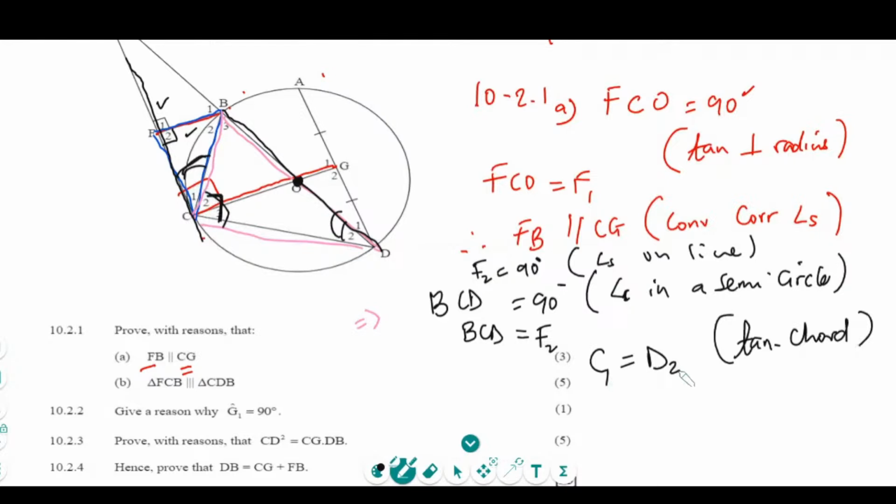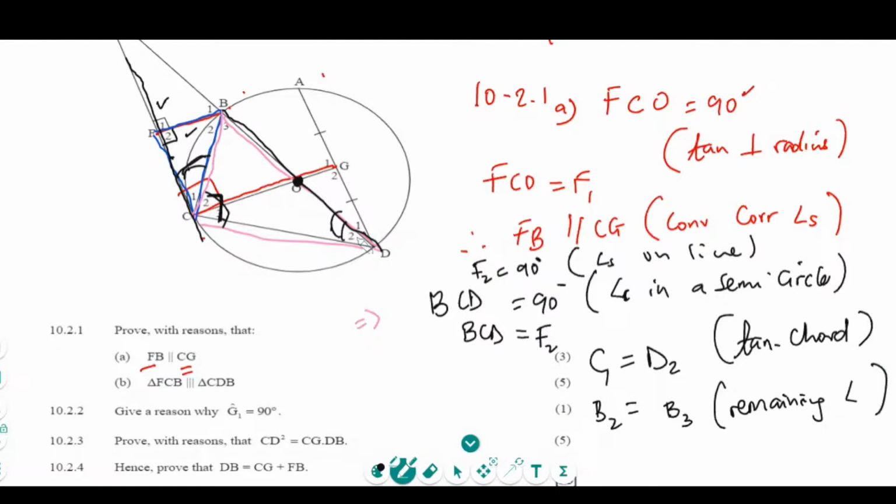Okay, so if that is true, this angle, that angle, this 90, this 90, which means automatically B2 is going to be the same as B3. The reason will be remaining angle of a triangle.